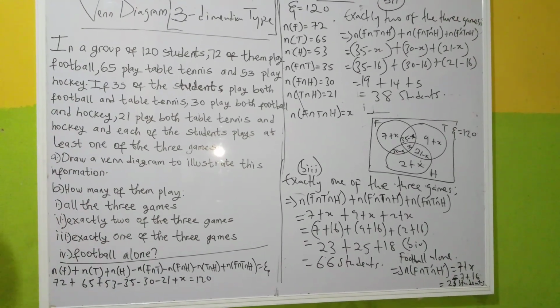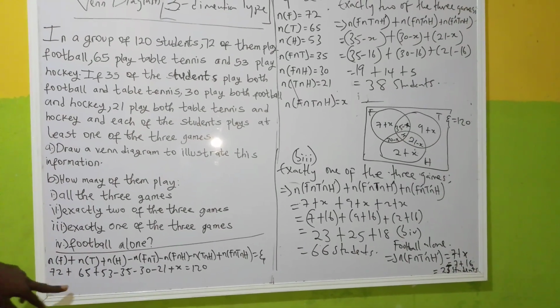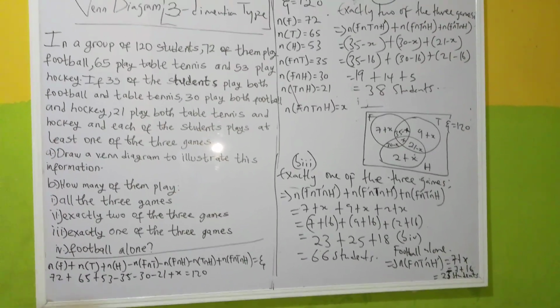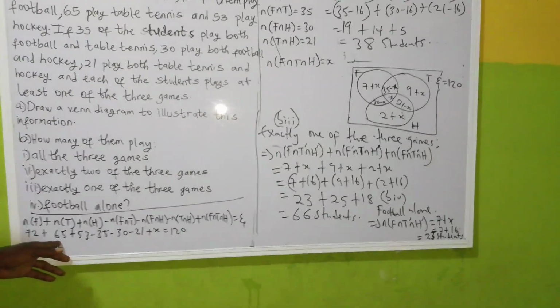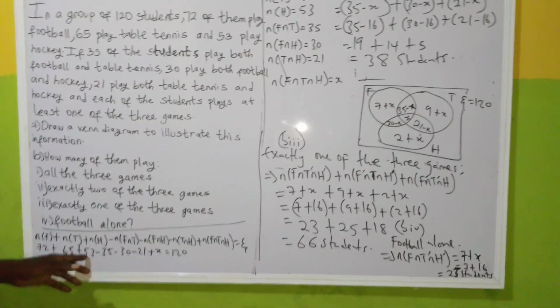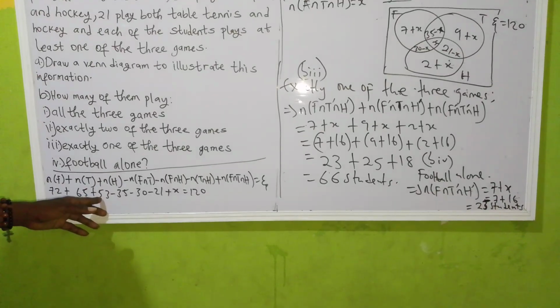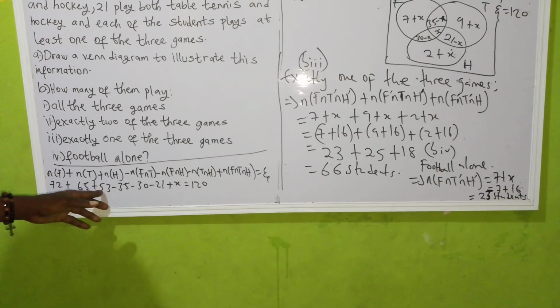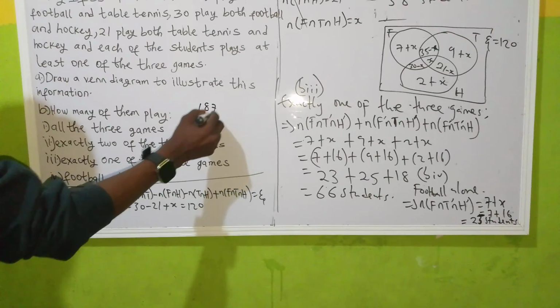So let's look at it together. 72 plus 65 is 137.